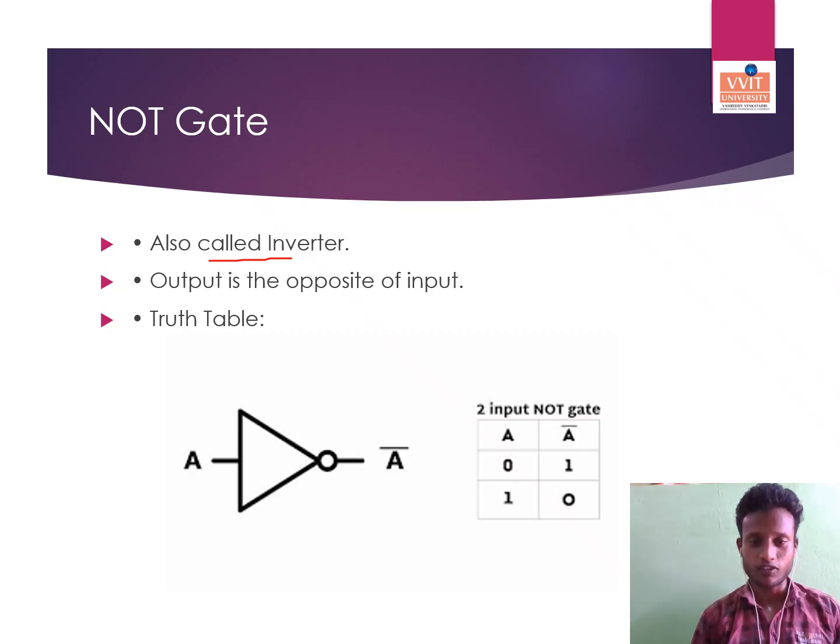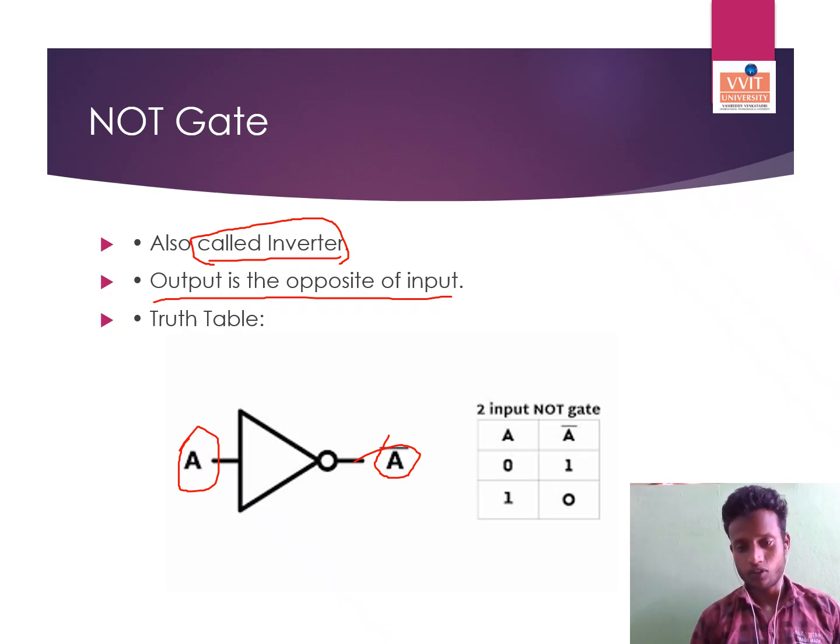This NOT gate is also called an inverter. Why do we call it an inverter? Because it inverts the input. For example, if the input is A, the output is A bar. The output is opposite to the input. If A is equal to 0, A bar, the complement of A, is 1. If A equals 1, the complement A bar is 0. That means it complements the input.